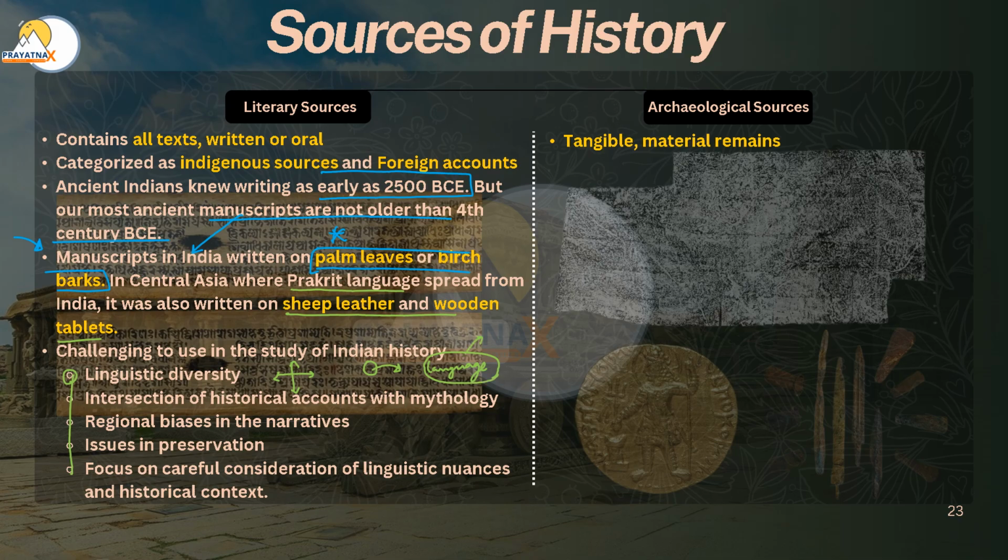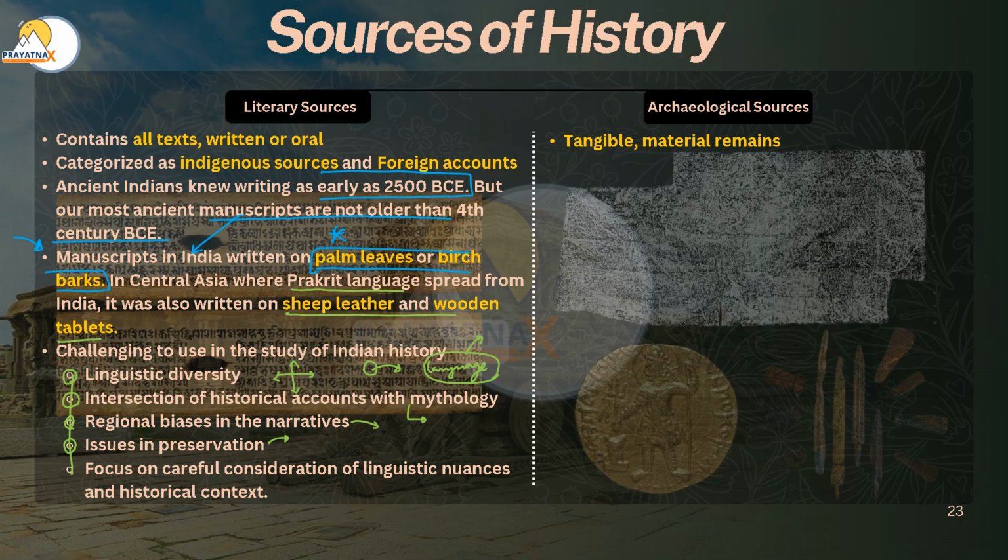There may be intersection of historical account with mythology. As you already know, many sources are based in mythology itself, and the time when it was written was also religious. There may be regional biases in narratives, as evident in Harsha Charita. There may be issues in preservation. Like I already said, it was written mostly in perishable forms.